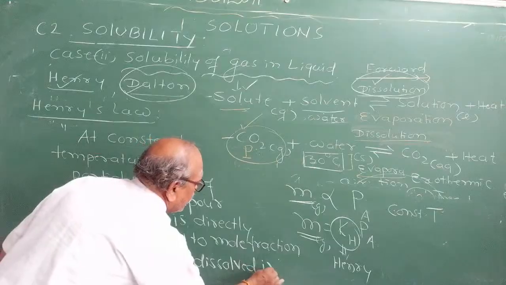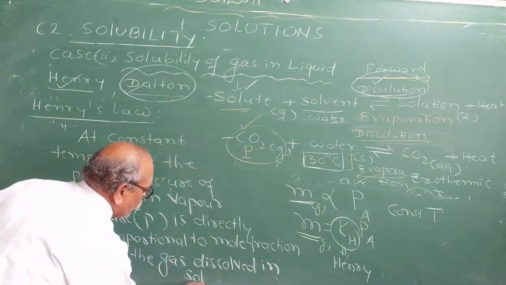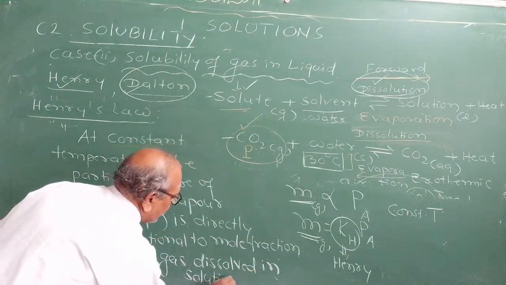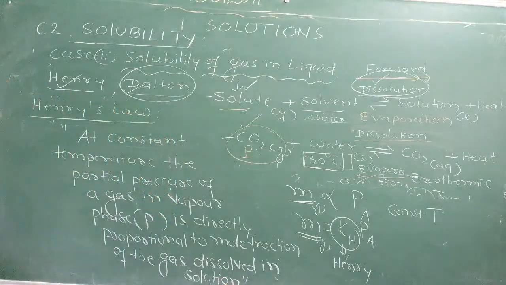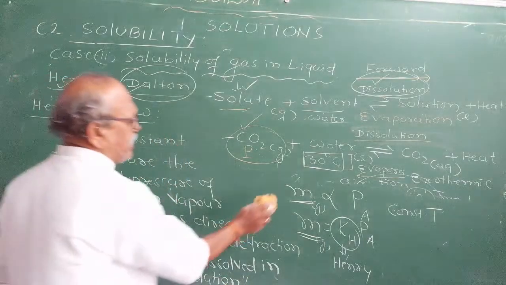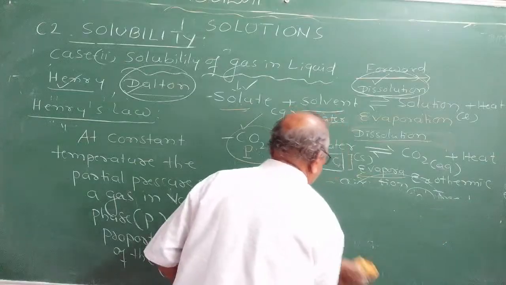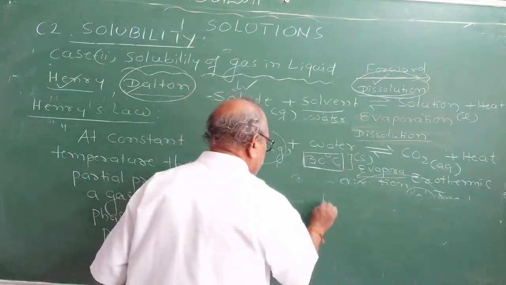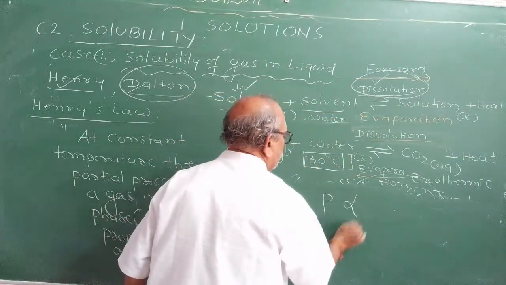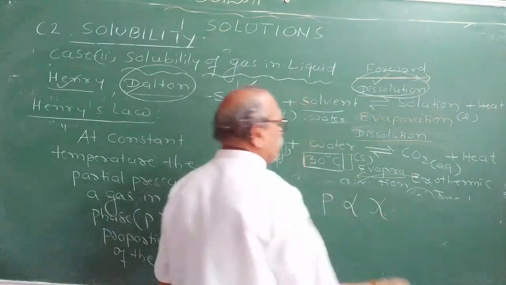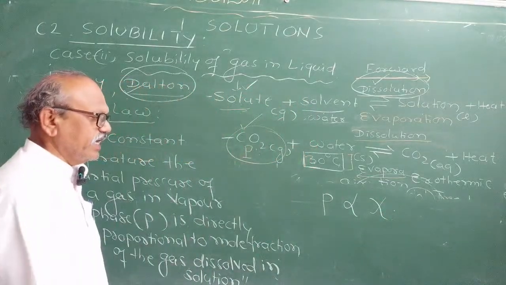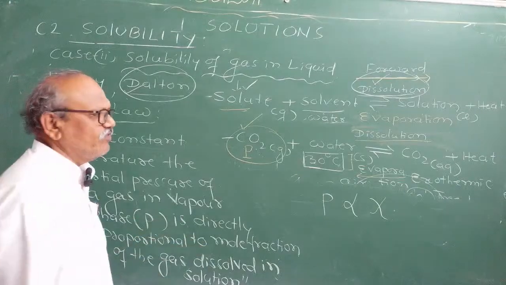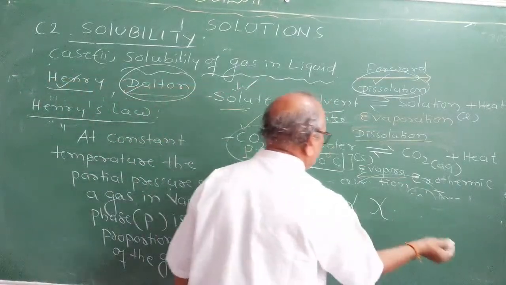The same Henry's law was reframed by Dalton in a meaningful way, and you can write it as: partial pressure P is directly proportional to the mole fraction chi of the gas dissolved, which you studied in the beginning.